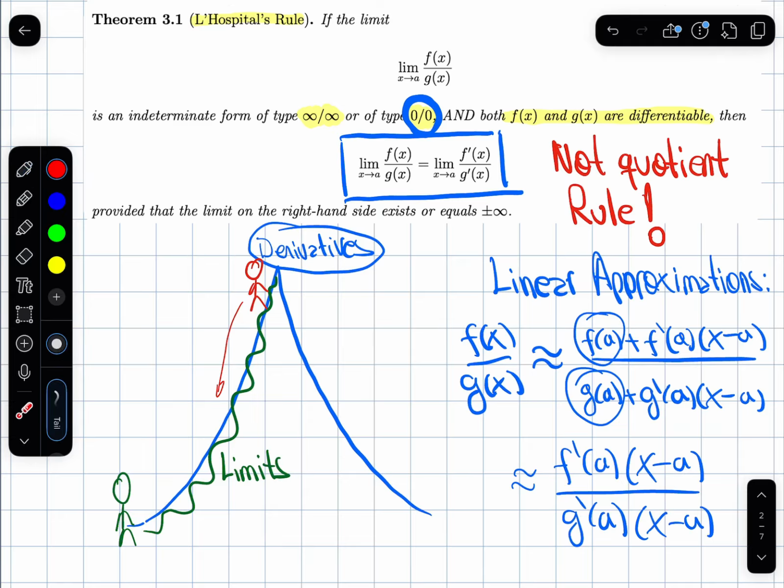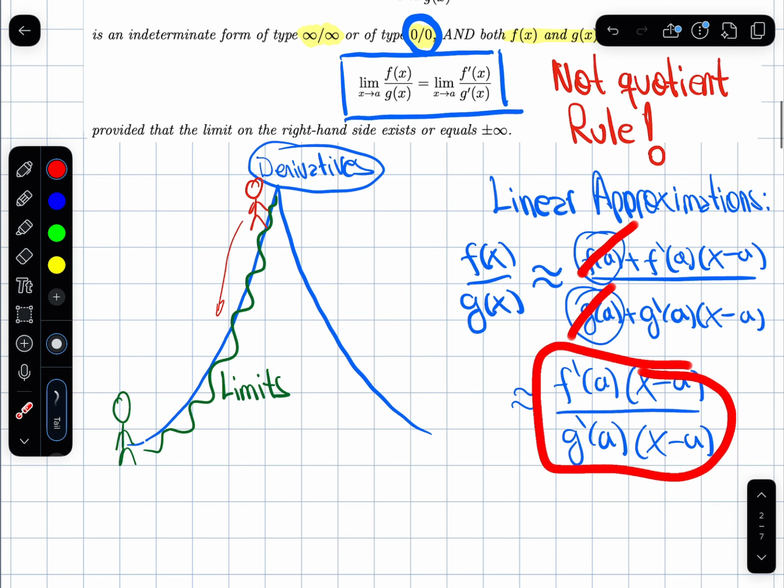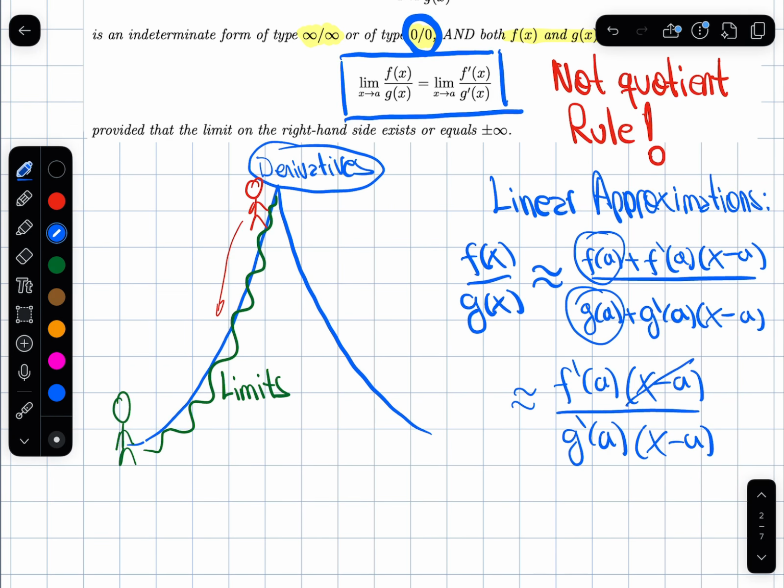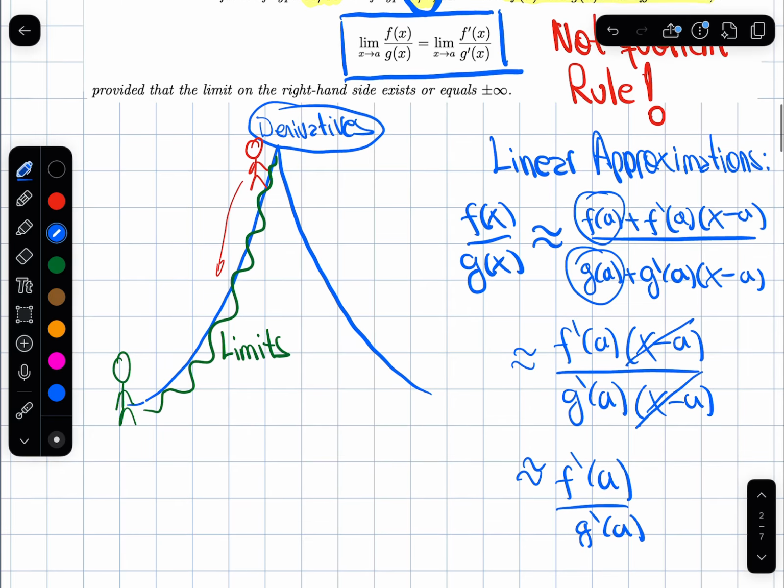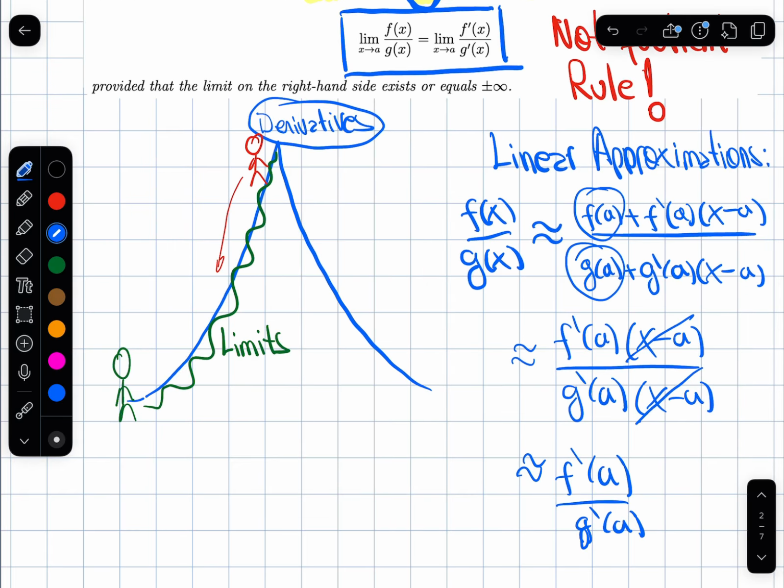Remember, you want to plug in a the whole time when you're calculating the limit, and you can't because you have 0 over 0 if you do. And so that's the 0 and that's the 0. The 0 for a for f and the 0 for g. So if there's 0, I can just not write them and get this. And next I get to eliminate these to just get f prime of a over g prime of a, right?